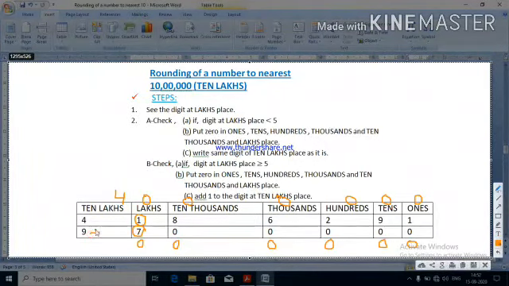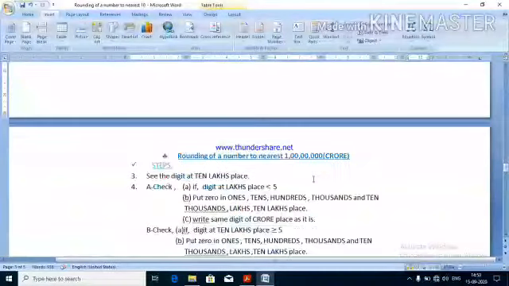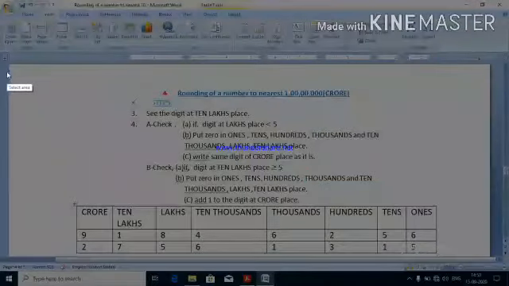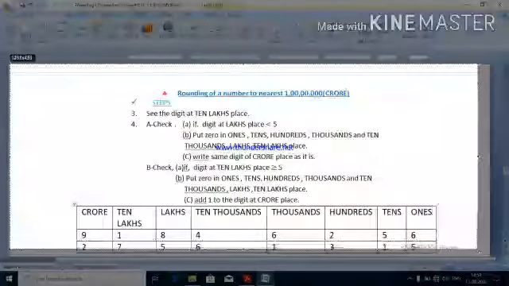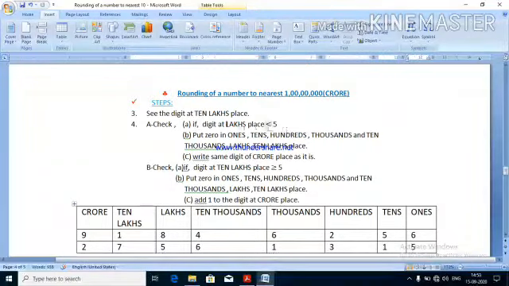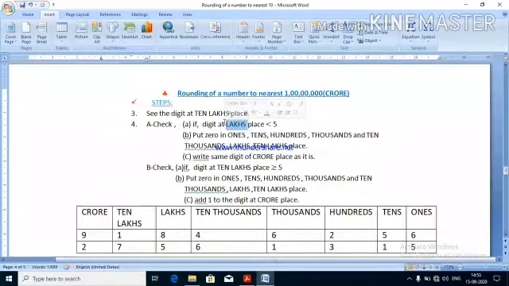Similarly, for 1 crore, you have to see the digit at the 10 lakh place.